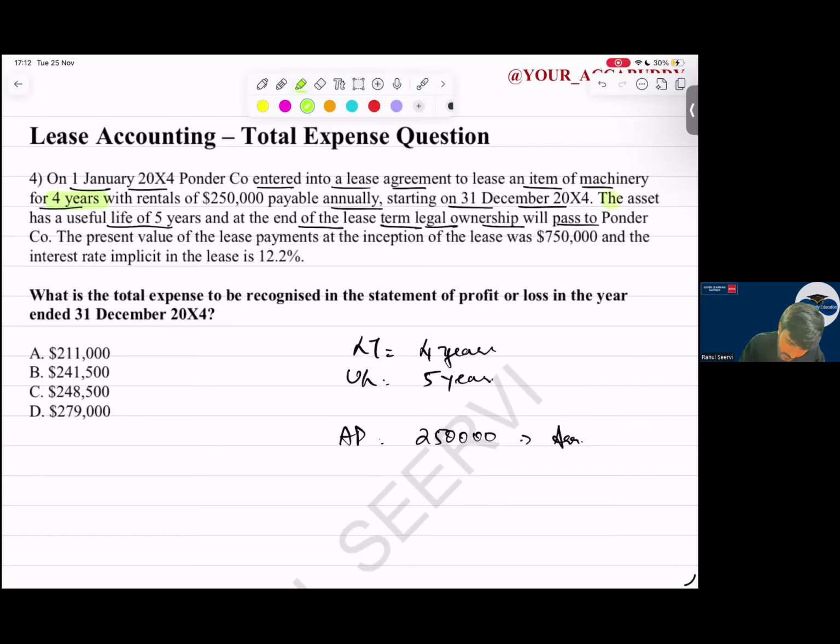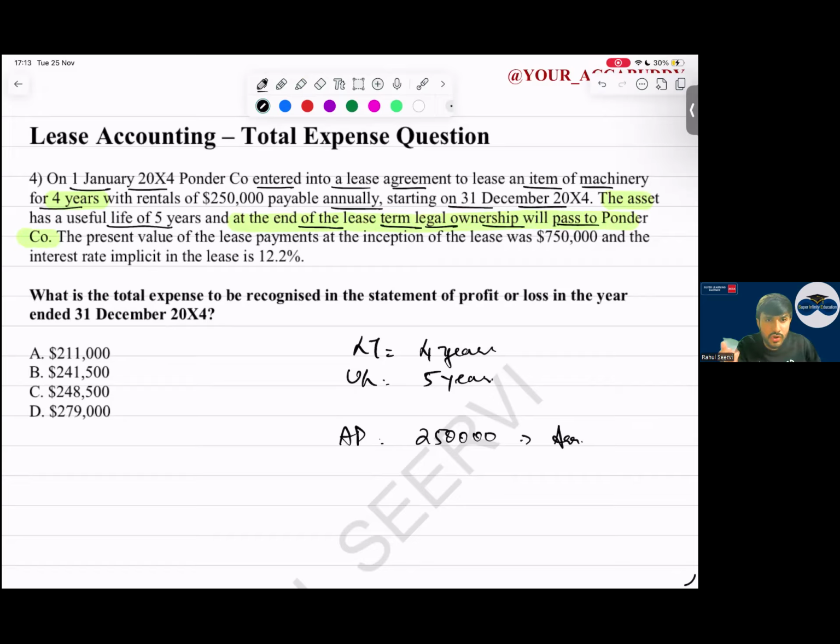Now, whenever the asset will be transferred to the lessee, can I say we learned something known as depreciation? Depreciation should be recorded at the shorter of useful life or lease term.